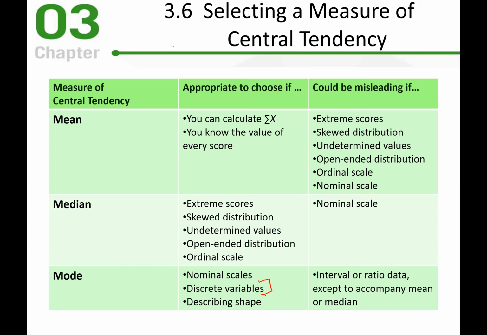The mode is also appropriate to use if we're going to describe the shape of the distribution. The mode is not a good measure, or could be misleading, with interval or ratio data, except to accompany the mean or the median. It's better to use the mean if you have interval or ratio data.